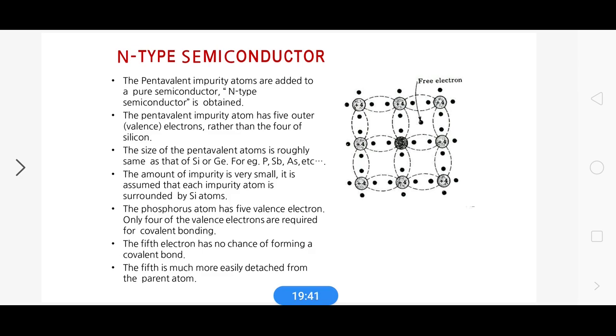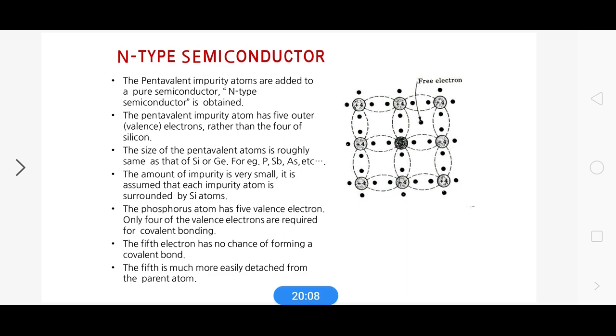Now, the N-type semiconductor. What is meant by N-type semiconductor? To get the N-type semiconductor, pentavalent impurity atoms are added to the pure semiconductor.